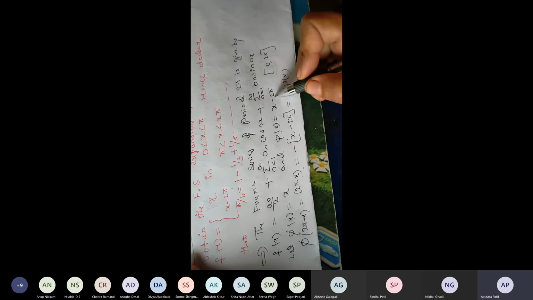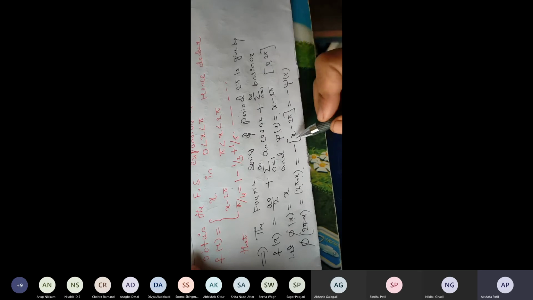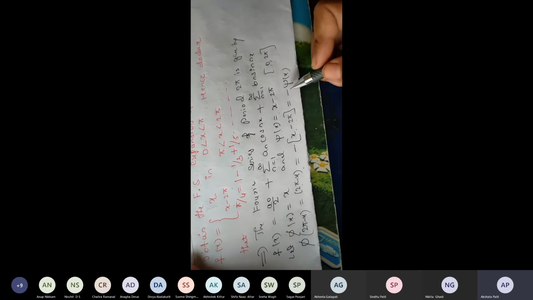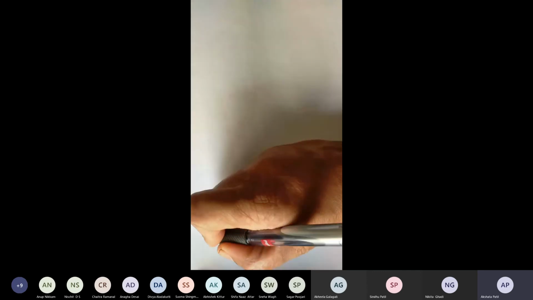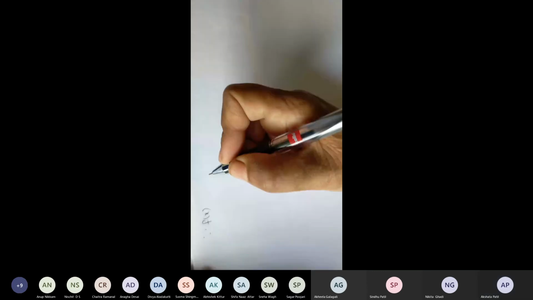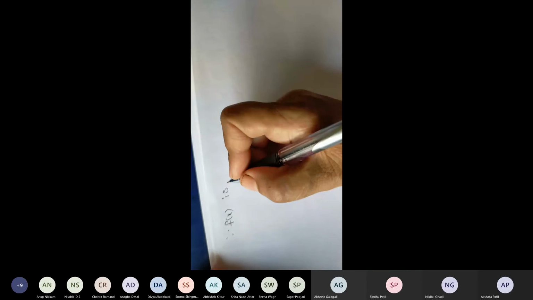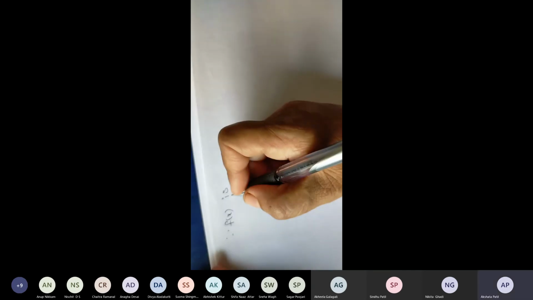x minus 2 pi. Here minus of x minus 2 pi means minus of psi of x. Minus of psi of x means the given function is what?